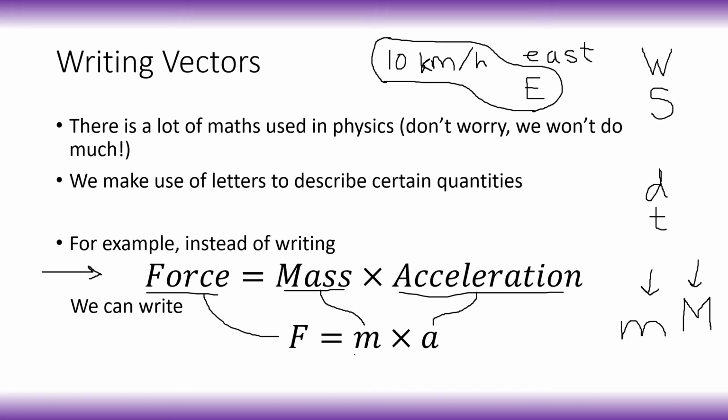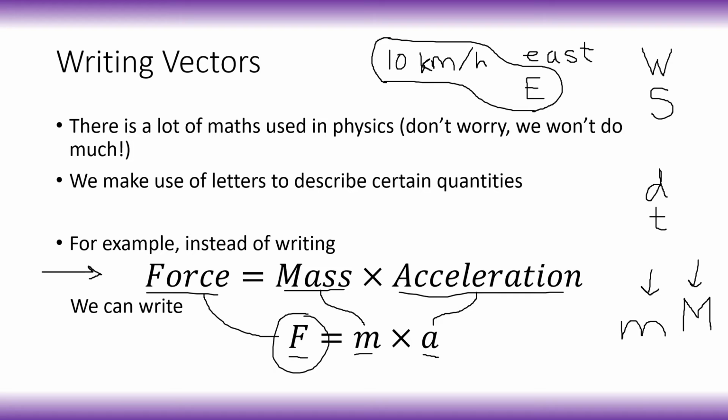So if you're writing it with lowercase letters, keep writing it with lowercase letters. And if you start out your problem by writing it with an uppercase letter, keep using that uppercase letter. So for example, mass, oftentimes we'll write it with a small m. Acceleration, oftentimes we'll write it with a small a. And force, oftentimes we'll write it with a capital F.